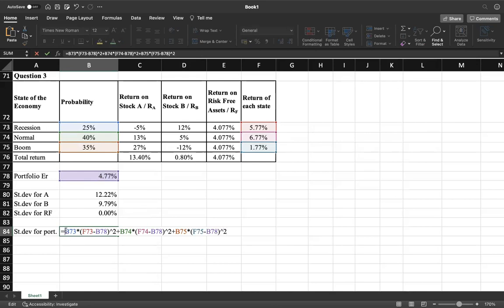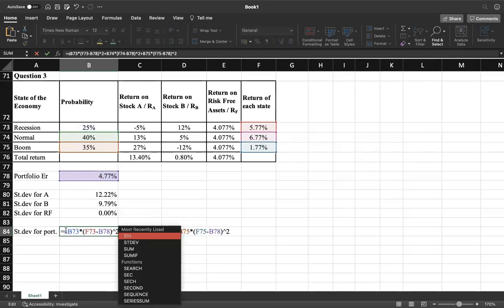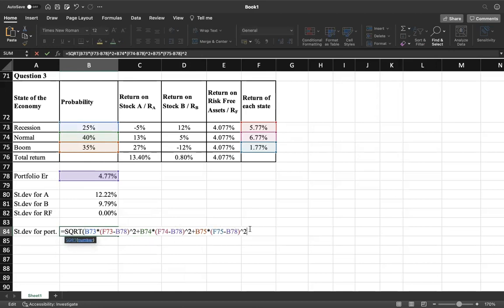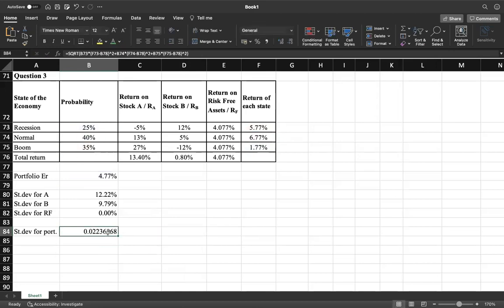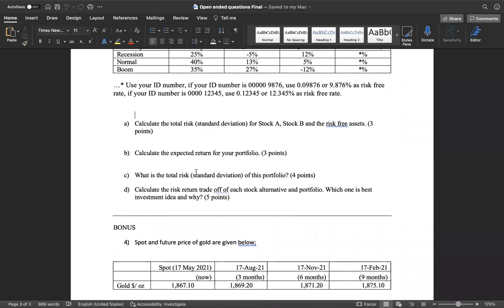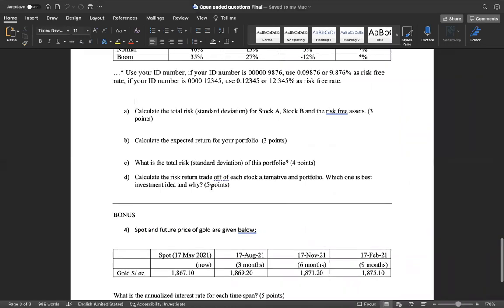Since it is variance, I should take square root of it. I calculated total risk of the portfolio.